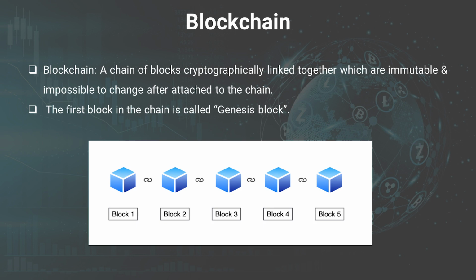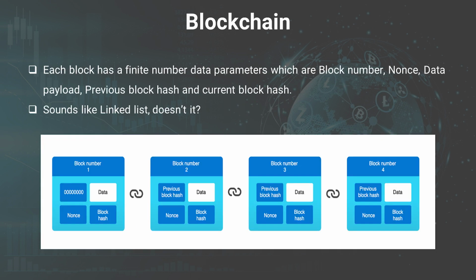I will talk about what immutable means, and what happens if you delete a block or change something in it. But ideally, a blockchain, a chain of blocks, is linked together cryptographically. Each block has a finite number of data parameters: the block number, the nonce (number used only once), the data or payload, whatever data we want to store in that block, and, as I said before, the previous block hash.